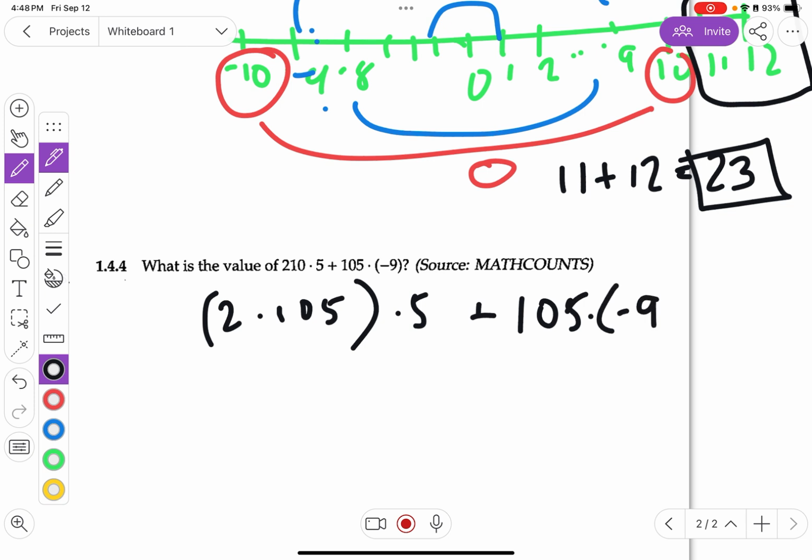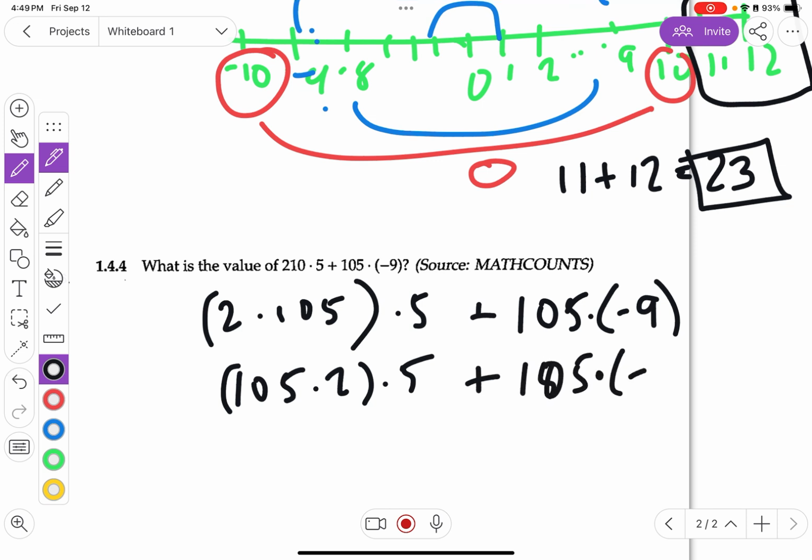If you have parentheses, you know it's also a multiplication. So we've got that. And now we just say, well, I'm going to rearrange this commutative property times 5 plus 105 times -9.